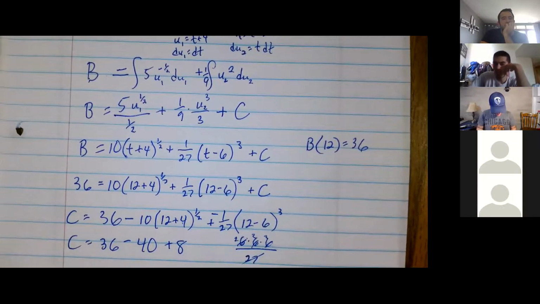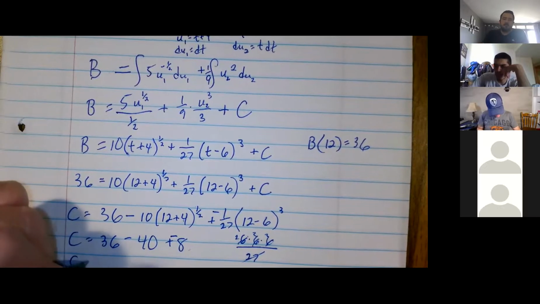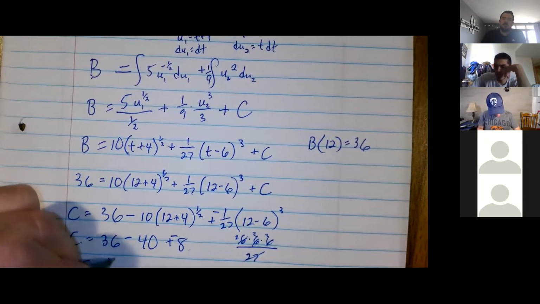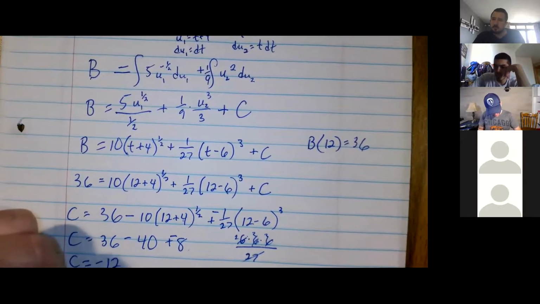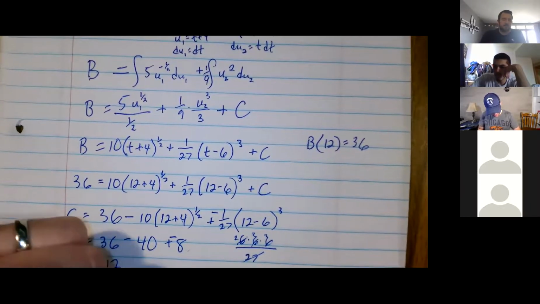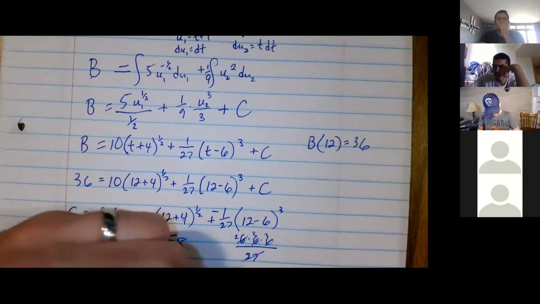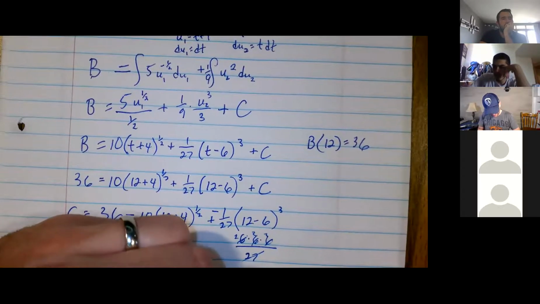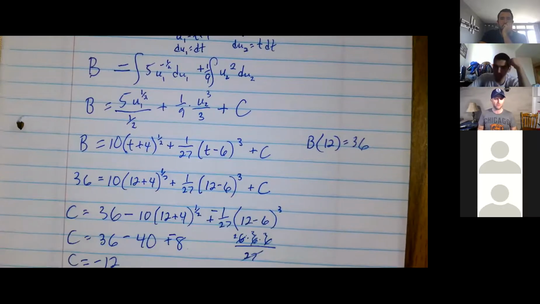When I solve for c. So this is minus 8. So 36 minus 40 minus 8. So I get that c is negative 12. All right. So now that means that the function for b of t is 10 times t plus 4 to the 1/2 plus 1/27 times t minus 6 cubed and then minus 12, right? So that's the b of t function.